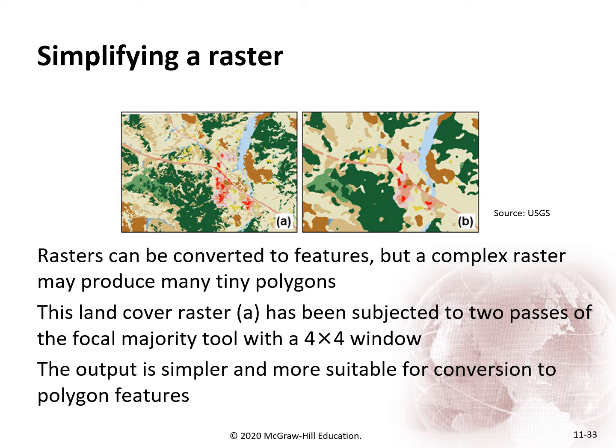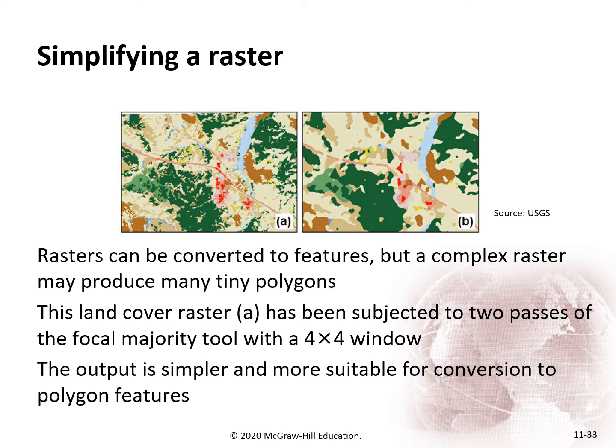Each time, you're going to reduce the number of smaller things and blend them into the bigger picture. And then when the tool makes things into polygons, there is much less variability, more homogeneous sections, and less heterogeneity.